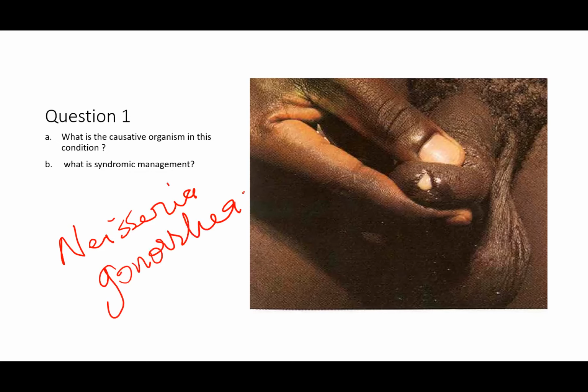Okay. Now, the B question says, what is the syndromic management? Now, usually the symptomatic presentations are treated, okay? Now, for the urethral discharge, antibiotics are administered, and the antibiotics that are commonly used include metronidazole for the trichomonas.